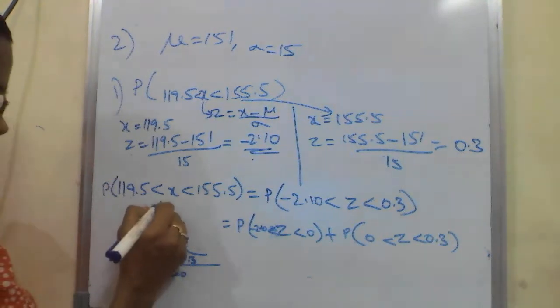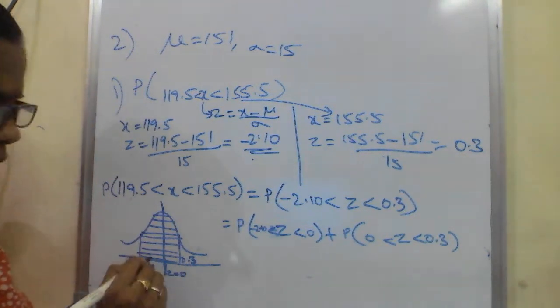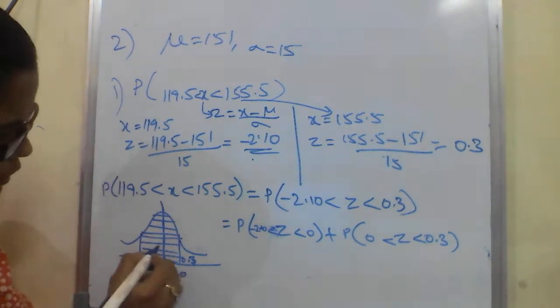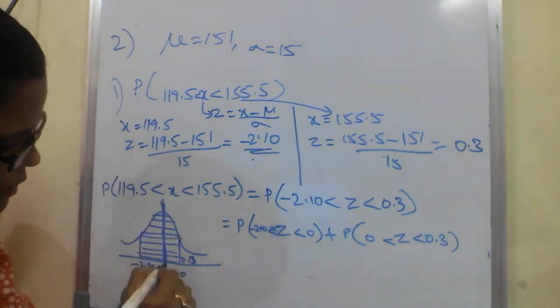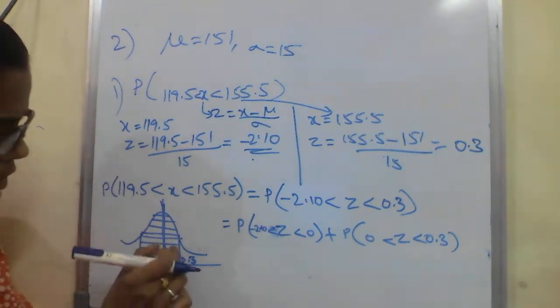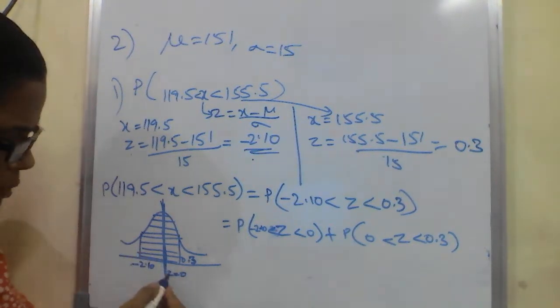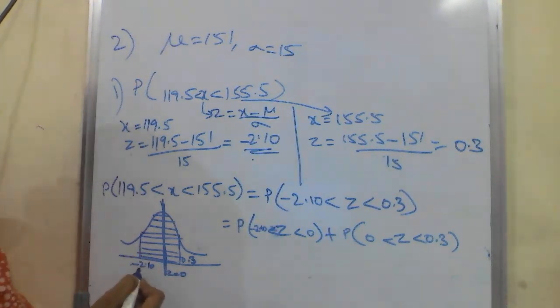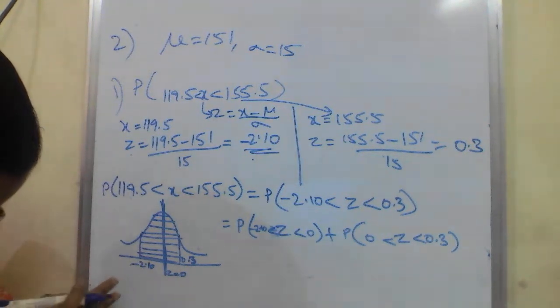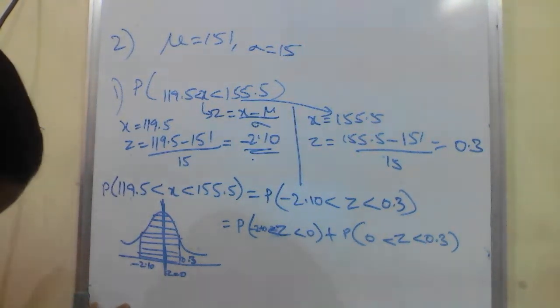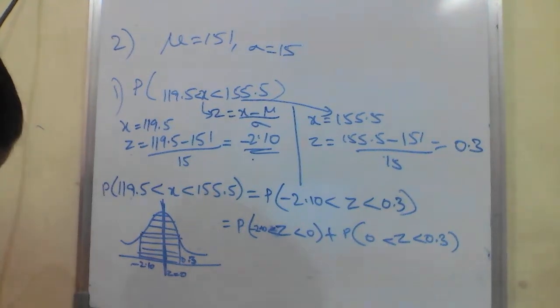This part, half part, I have taken. All the values in the table will be from this center line to any other part. So if I want this side also, take the value from the table from 0 to 2.10. Just put the value, because it is the probability, you will take it as the same value.